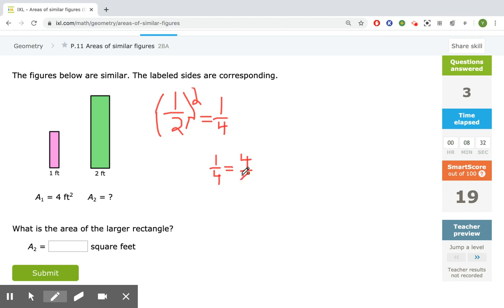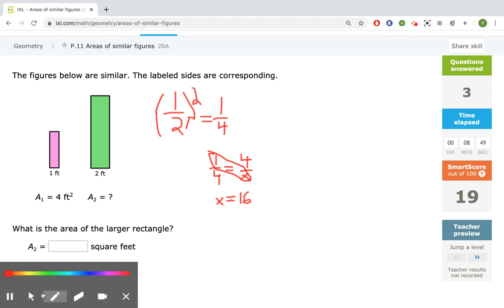Okay? So we're going to cross multiply. X times 1 is x. You can put 1x, but you don't have to. And 4 times 4 is 16. Okay? And so the area of this one is 16 square feet.